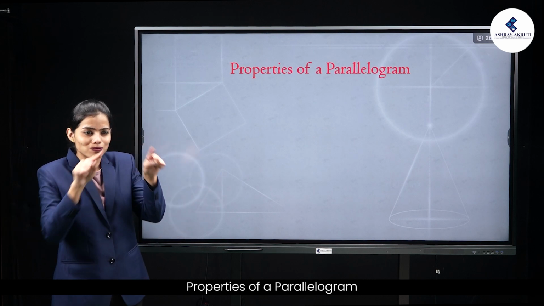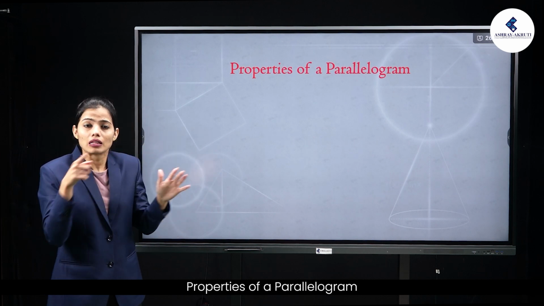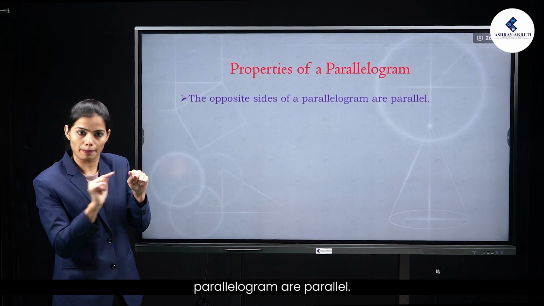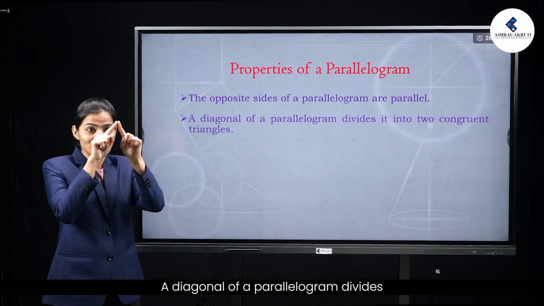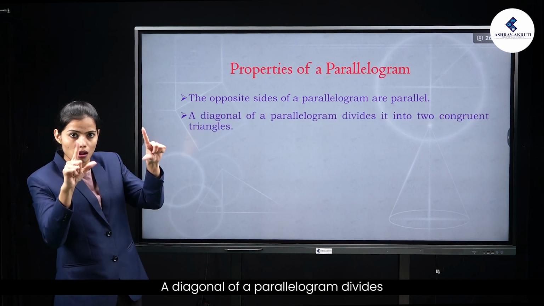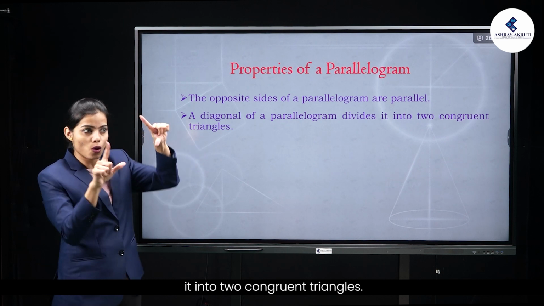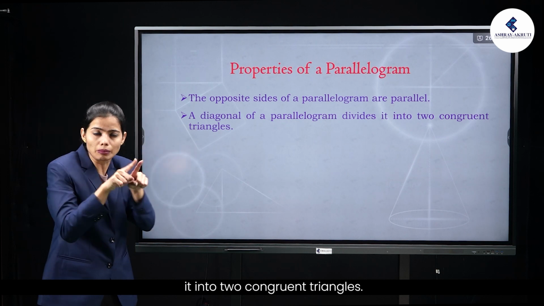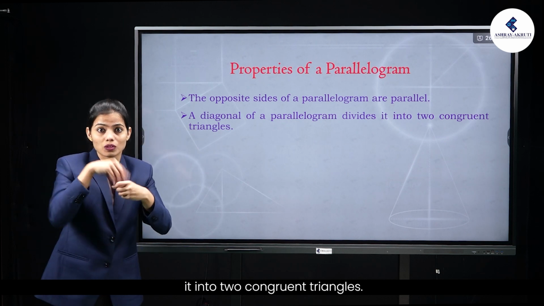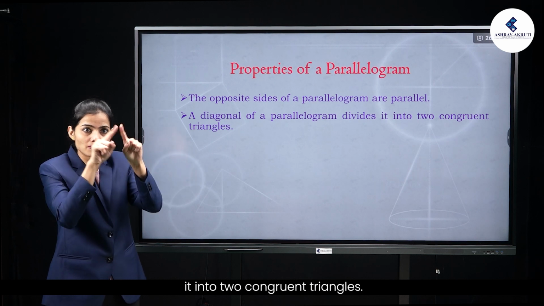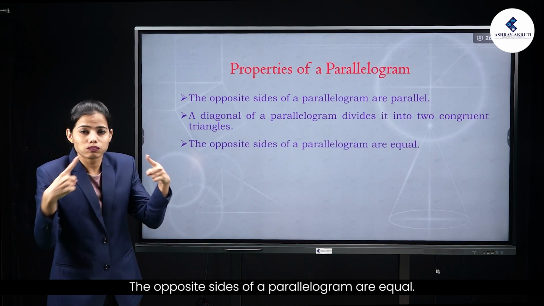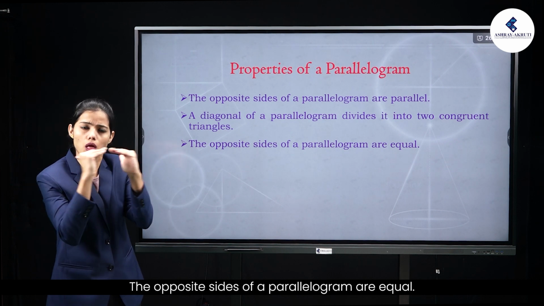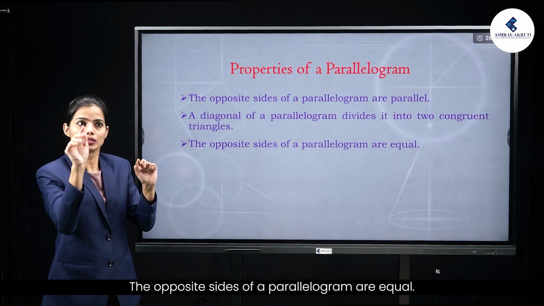Properties of parallelogram. The opposite sides of a parallelogram are parallel. A diagonal of a parallelogram divides it into two congruent triangles. The opposite sides of a parallelogram are equal.